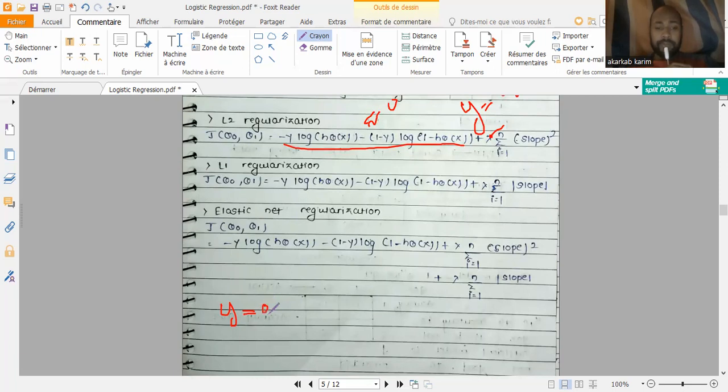This is theta 0 plus theta 1 x1 plus theta 2 x2, and also theta 3 times x3. Let's consider just three features.